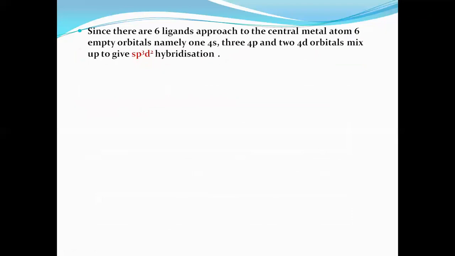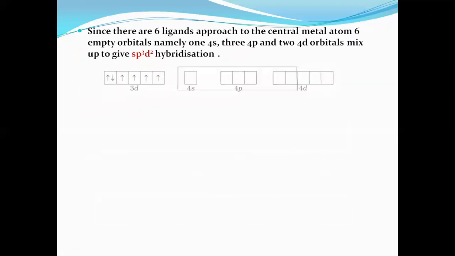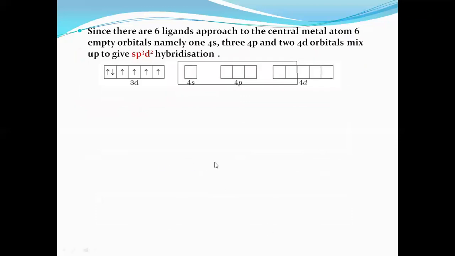Since six ligands are approaching, six empty orbitals are required for hybridization. The inner shell 3d orbitals are occupied by electrons, so these orbitals cannot be used for hybridization.